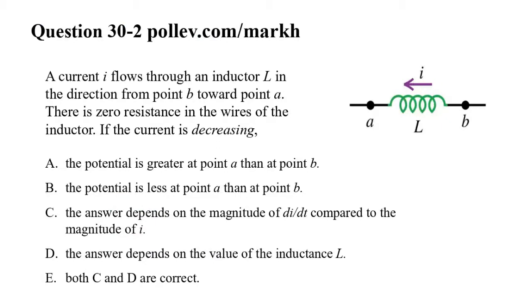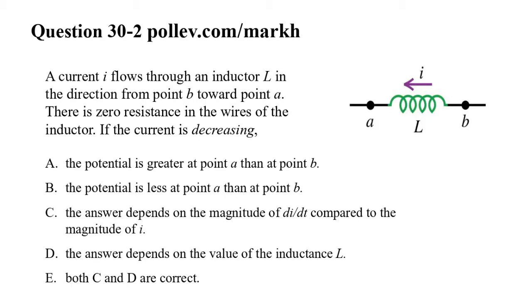So we've got an inductor here, and it's got some current I that's flowing through this inductor. Again, this is an ideal inductor, so it's got no resistance, got ideal wires with no resistance. If this current I is decreasing, then what do we have?